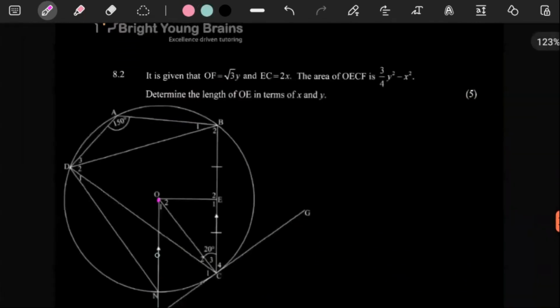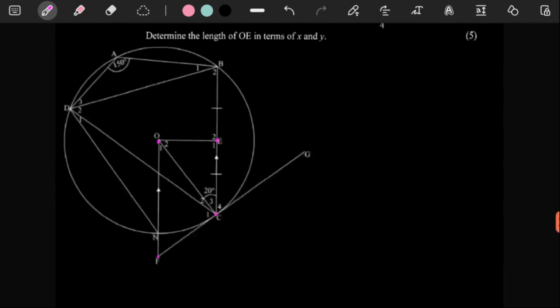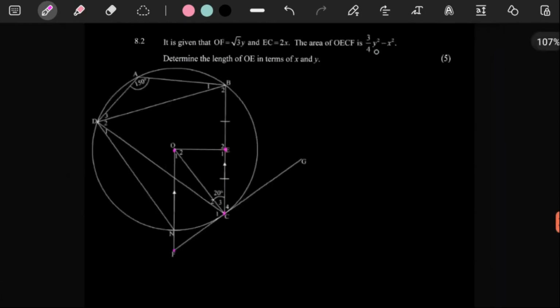This is 3y. Okay. EC, where is EC? There is EC there. It is 2x. The area of OECF is given by this. Well, this is a trapezium with a 90-degree angle there. So, that's interesting. Determine the length of OE.